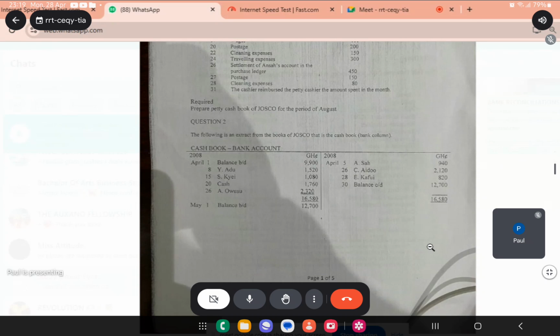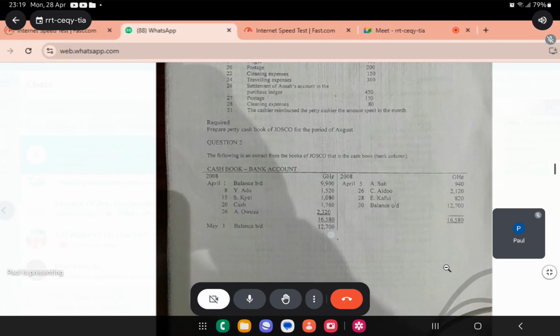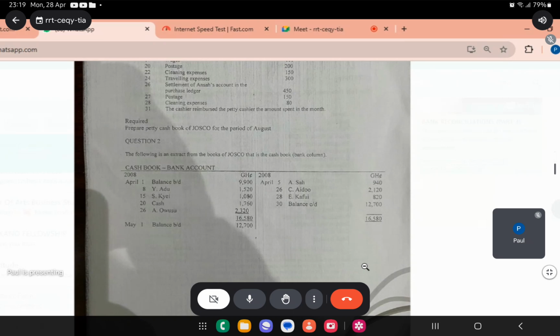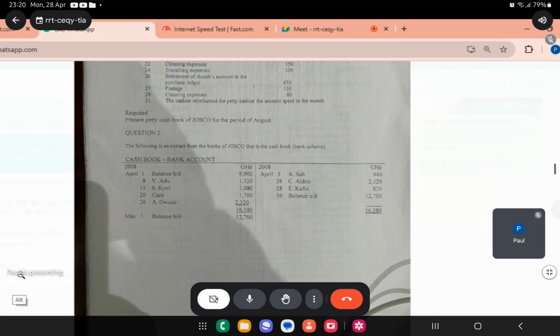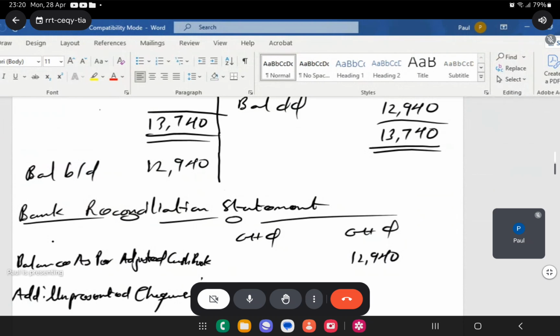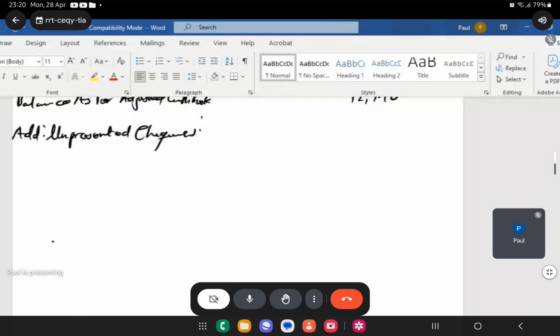We made payment to them, but it was only ASA that presented that payment to the bank for the bank to debit it. CADU and ECAFU didn't present it, so we have to record them as unpresented checks. Are you getting what I'm saying?